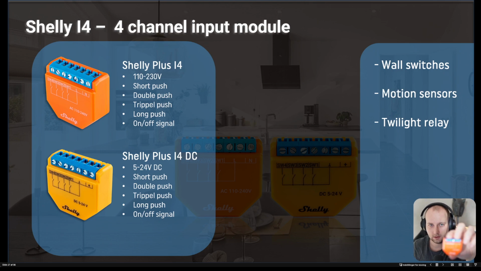At the same time, you can also add a motion sensor on the second input, and if there's motion, then it can turn a device on or off. So then you just make the programming. I will show you an example of how to make the programming in the live programming session.